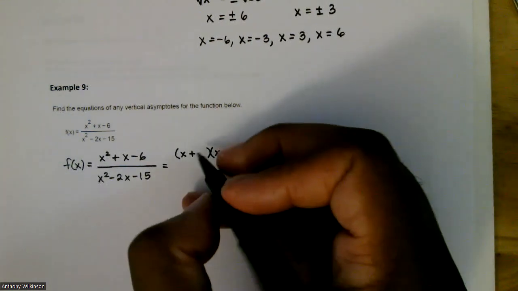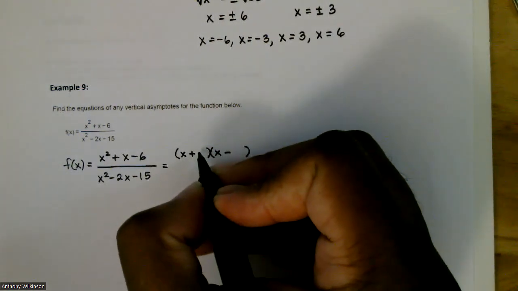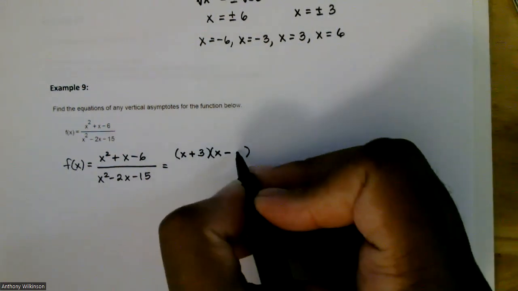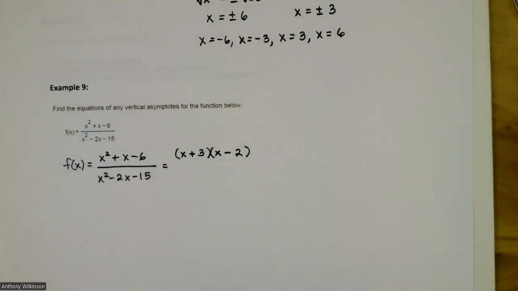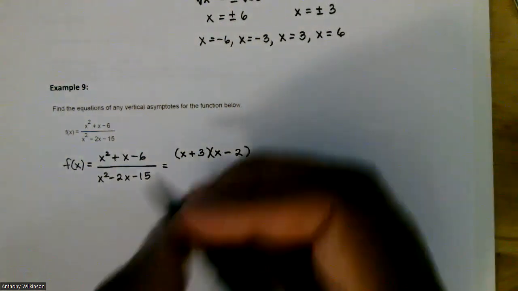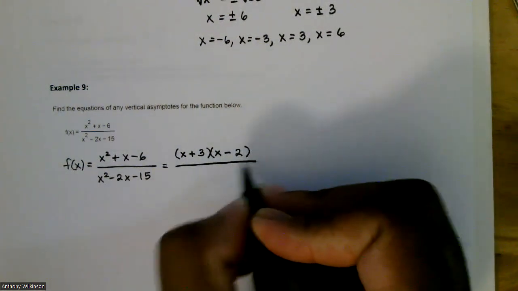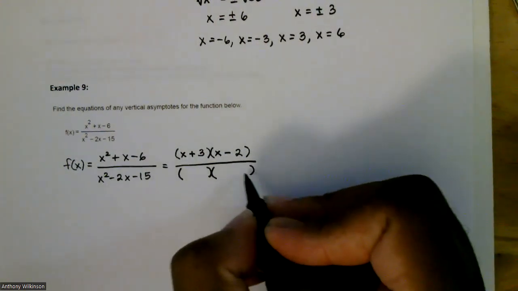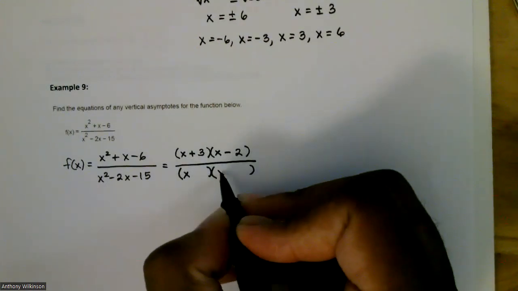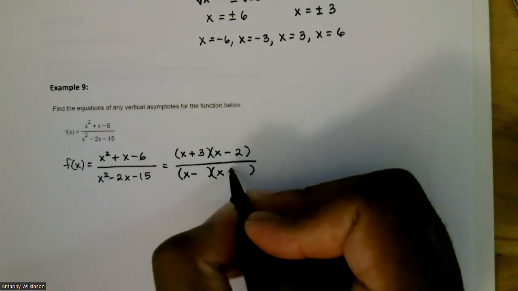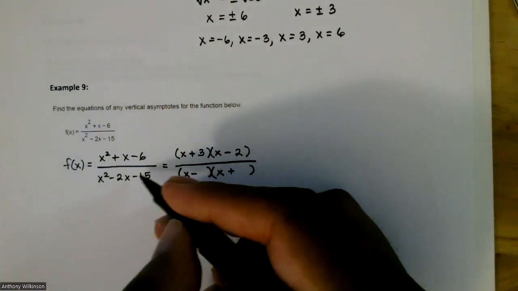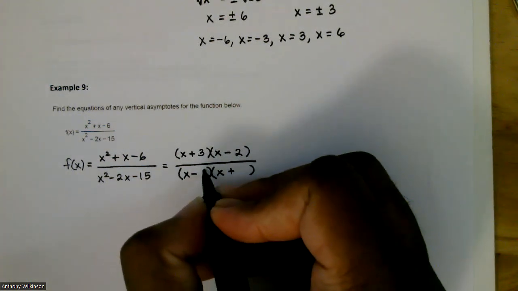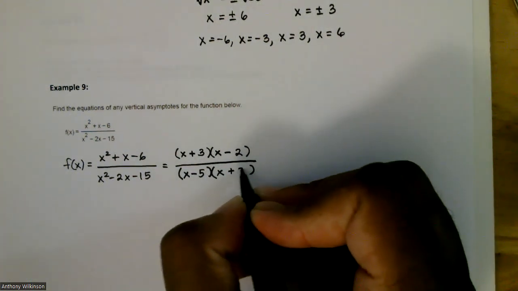Factors of 6 that would give me a positive x would be 3 and 2. And it has to be x plus 3 and x minus 2. Now for the denominator, x squared minus 2x minus 15. One's got to be a minus, the other one has to be plus. The factors of 15 that give me a minus 2x will be minus 5 and a plus 3.